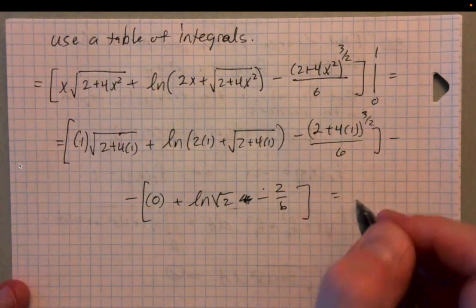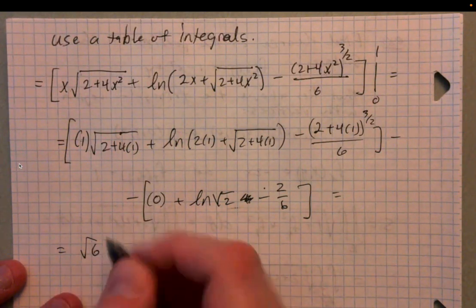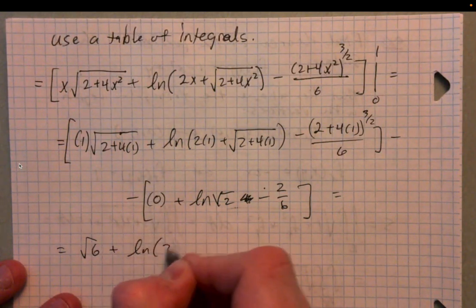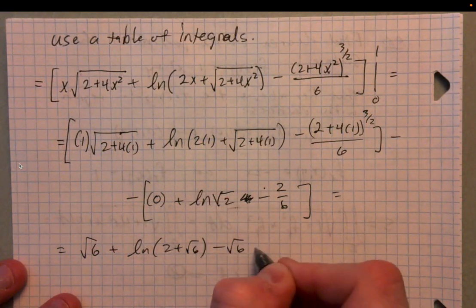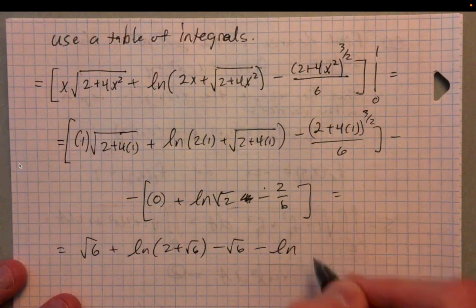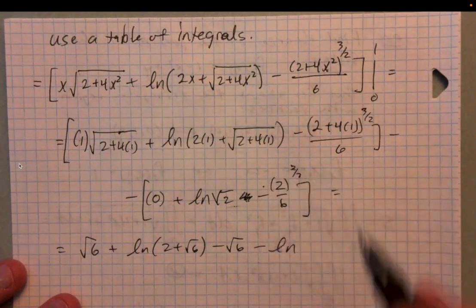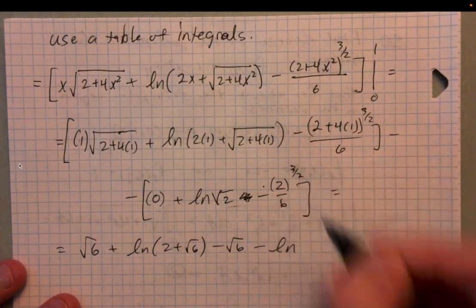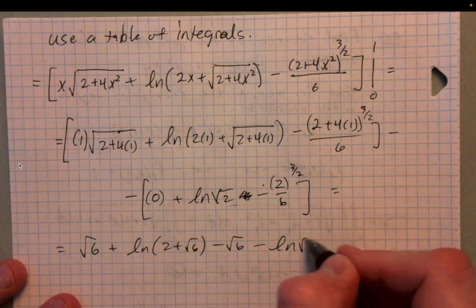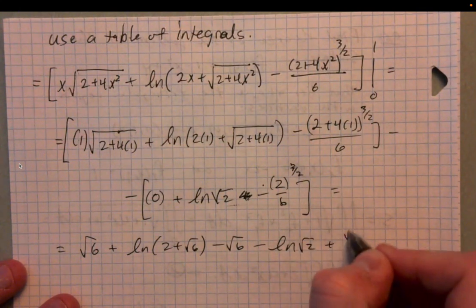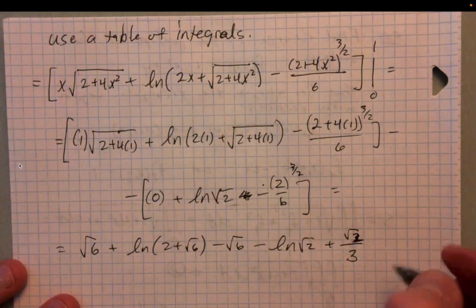Right, and then the whole thing cleans up nicely, and you get the square root of 6 plus the natural log of 2 plus the square root of 6 minus the square root of 6 minus the natural log of, and this should be a 3/2 power here. So minus the natural log of the square root of 2 plus the square root of 2 over 3. Right, so that's what you get down here.